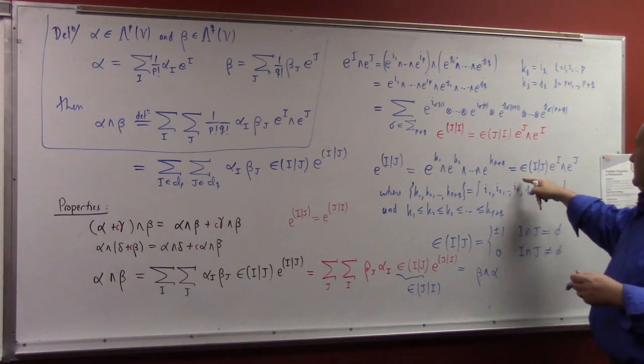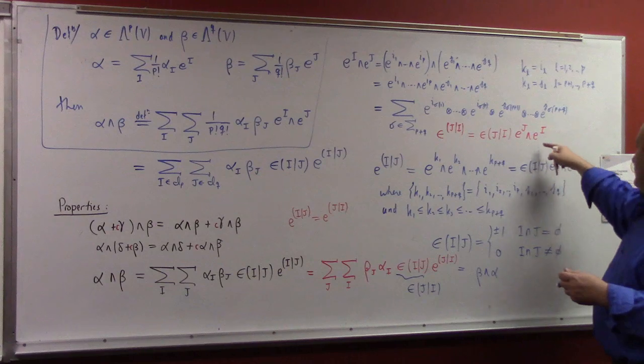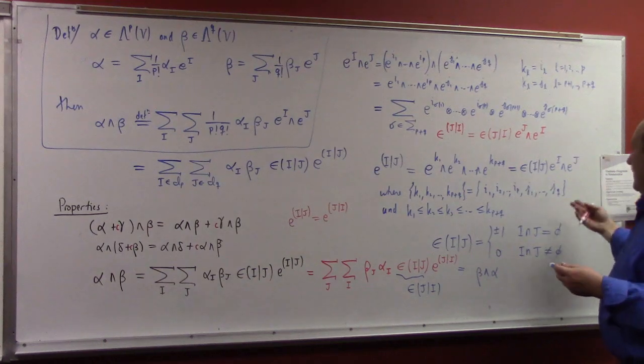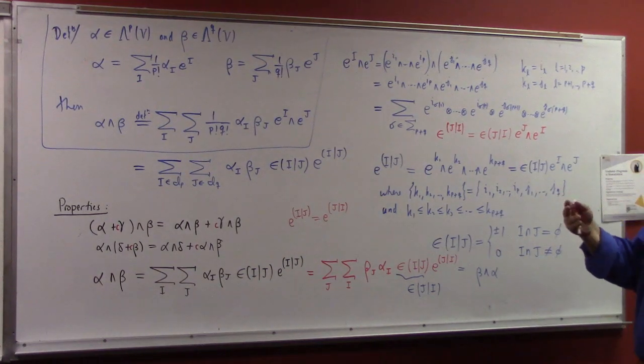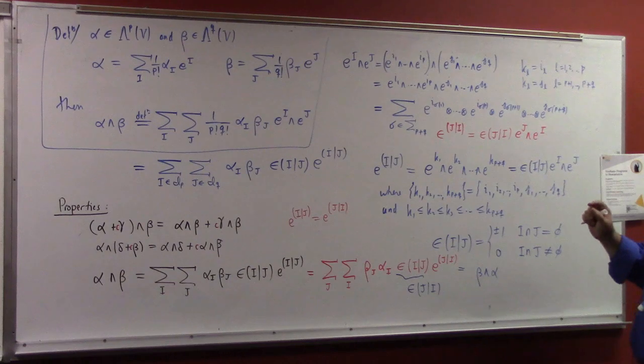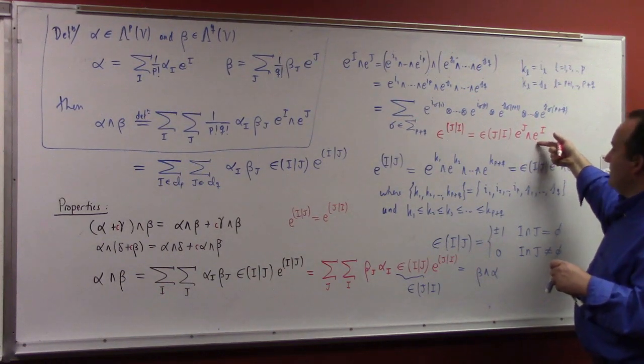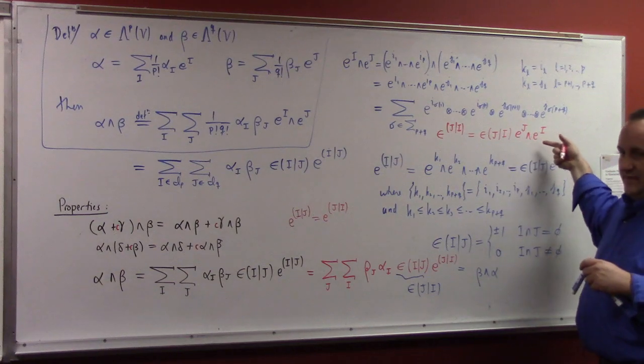But how do I change this to that? And again, I'm assuming that I and j are distinct indices in the current consideration. Well, that means that I have to move each one of these past the j.